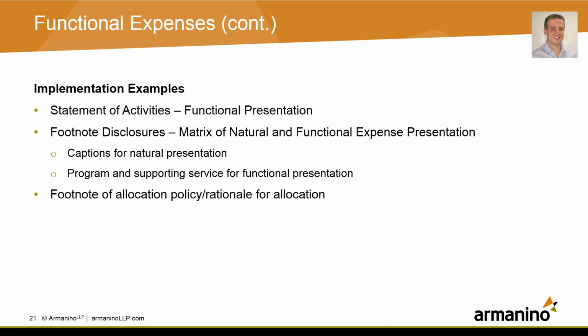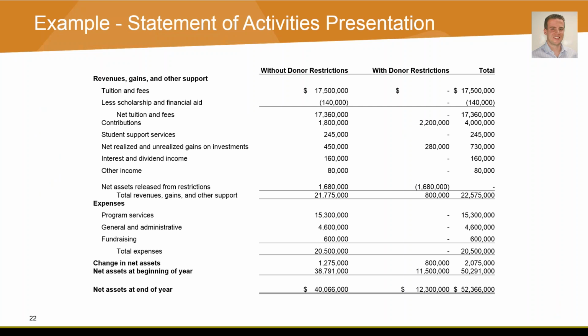Absolutely. For sure. So moving on to the next slide, here's an example of the statement of activities. So basically what Jeff just showed, but I just wanted to show on the expense side, you'll see just program expenses, G&A, and fundraising. So very simple here on the statement of activities.